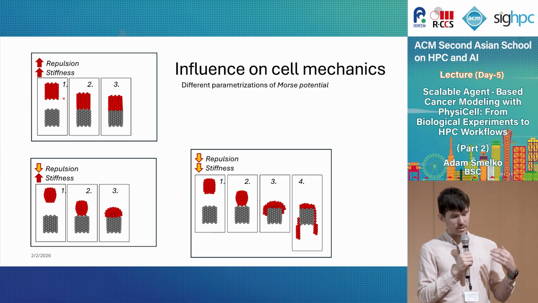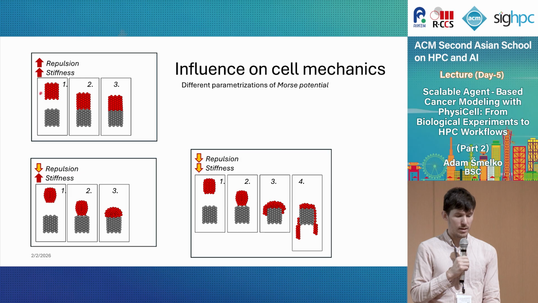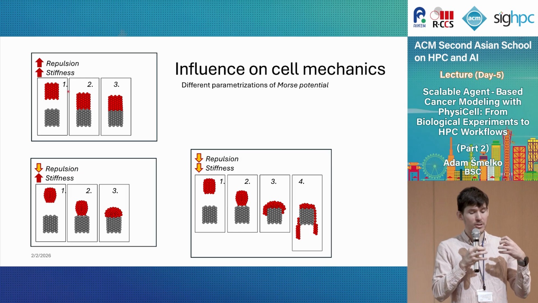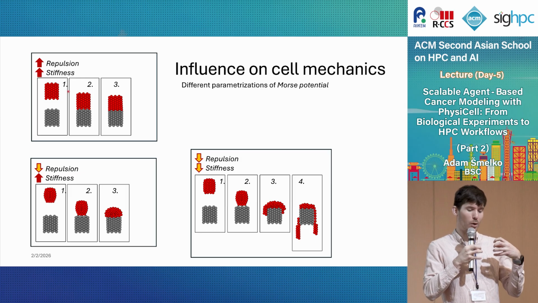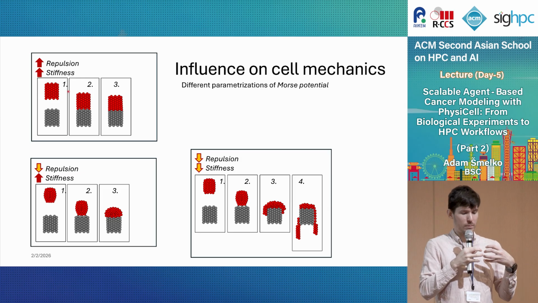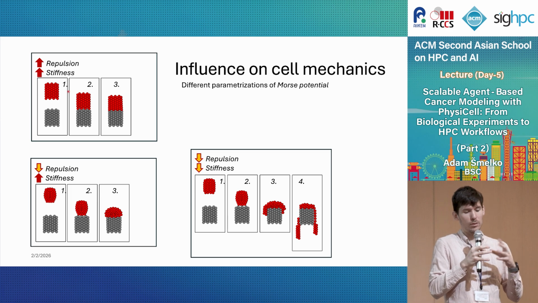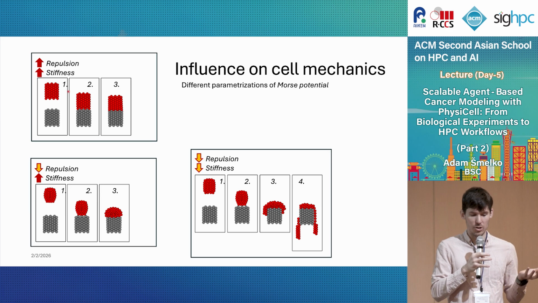When I set the stiffness and repulsion to be high, you can see that the agents within the cell are not willing to overlap much at all, which means that the repulsion is big, and they are also stiff, which means that they do not want to change shape.